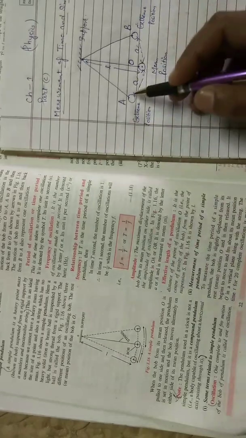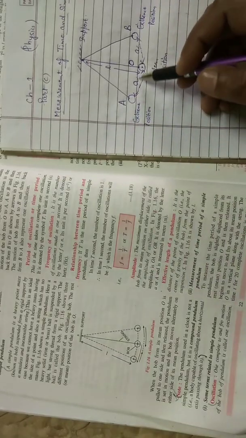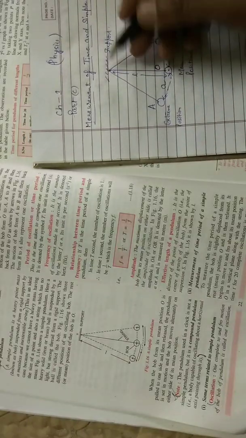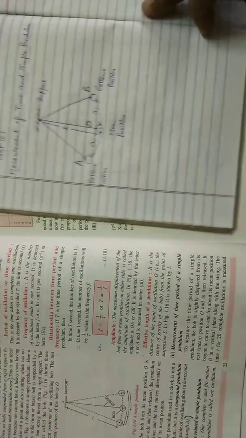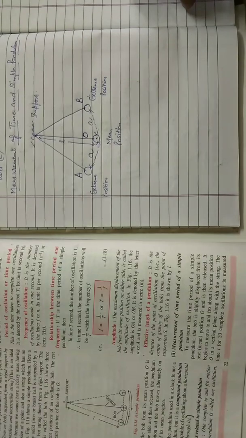Amplitude, I told you, is the distance from extreme to mean. Effective length is from the center of gravity till the point of suspension. Now for measurement of the time period of a simple pendulum, you have to learn one formula.